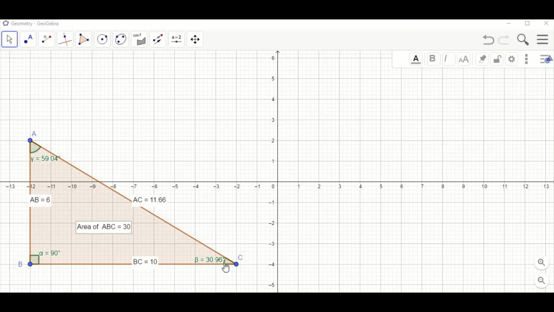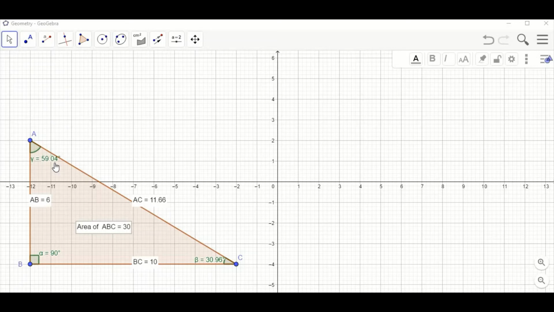Angle beta, which is the same thing as angle ACB, or angle BCA, is equal to 30.96 degrees. And we have angle BAC, or angle CAB, which is the same thing as angle gamma here, being 59.04 degrees. Now, these measurements will help us to justify the different properties of translation that we have mentioned before.